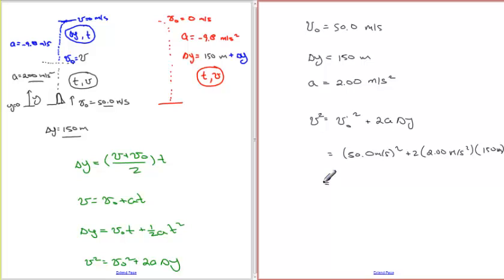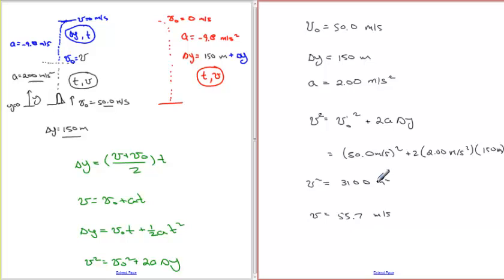So we get 50 squared plus 2 times 2 times 150. So V squared is equal to 3,100, and therefore V is equal to the square root of that, which is 55.7 meters per second.